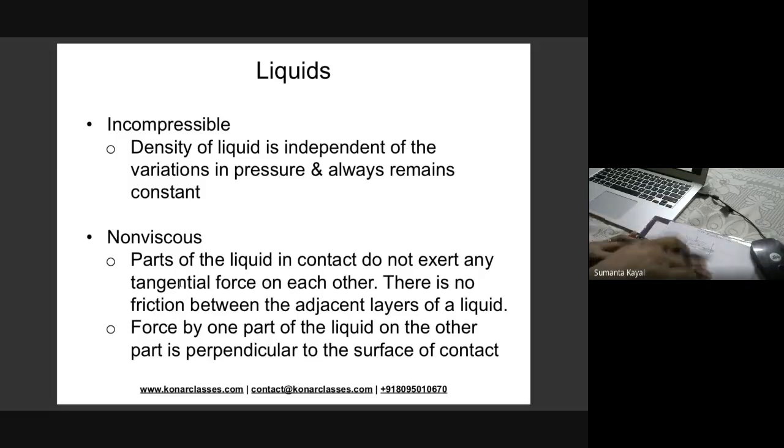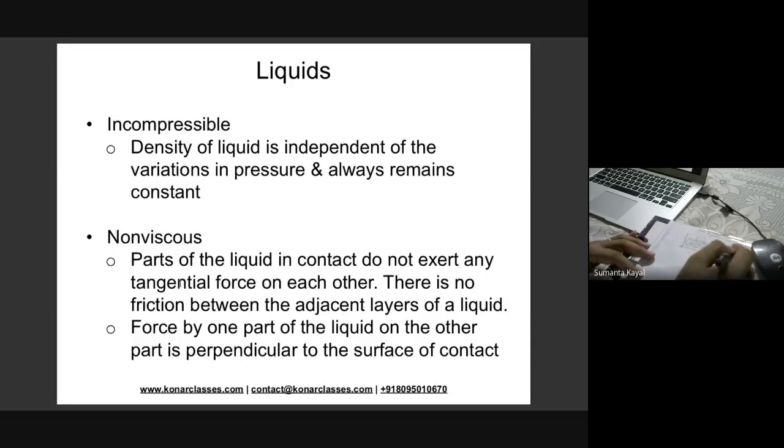It will go to the bottom of that particular beaker or pot, but there is no tangential force. The perpendicular force will be there, but there is no tangential force between two layers of the liquid. So this is a very important concept.